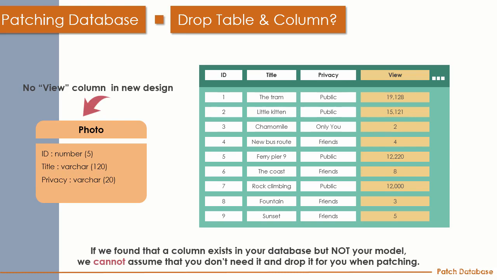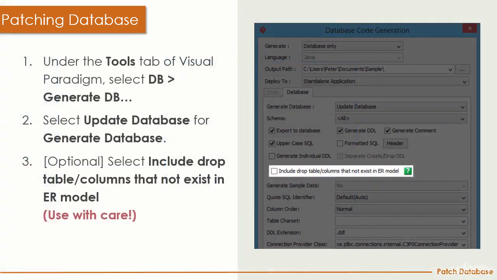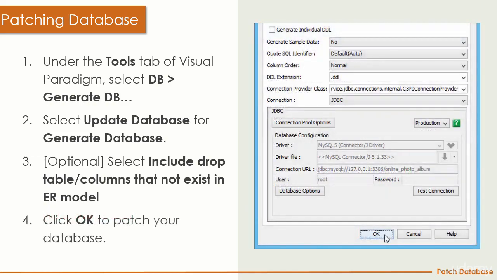So we will not delete it. But if you are really sure you don't need the column, you can tick this checkbox and then we will help you to delete this column. That's why we leave this option unchecked by default, and you need to be very careful before you really tick it. Then you just click OK to generate a patch as I demonstrated.